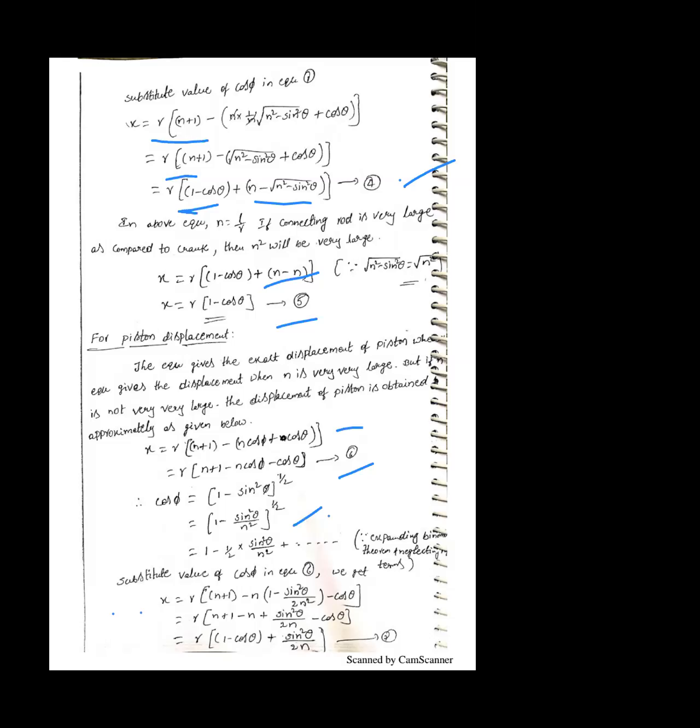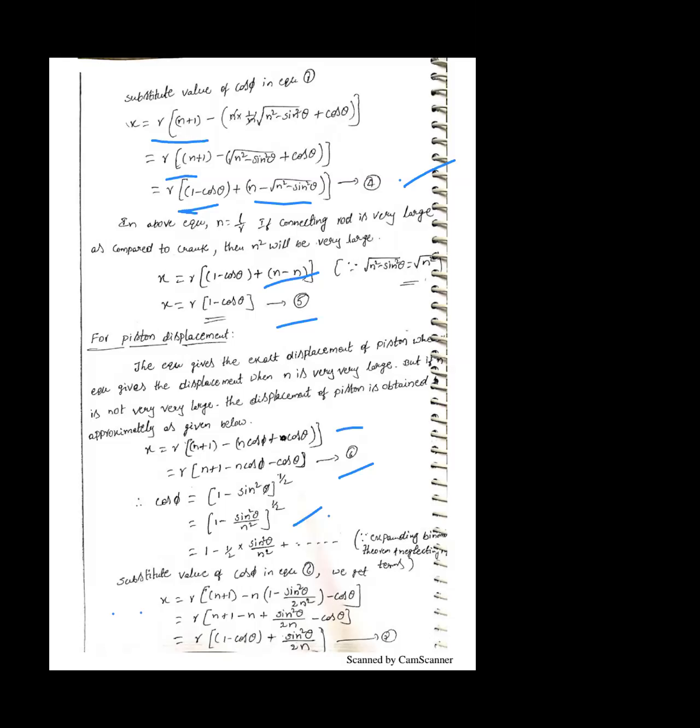Here it seems to be a binomial expression. When we expand the binomial expression, all of you observe the expansion using the binomial theorem: 1 minus 1 by 2 into sine square theta by n square.